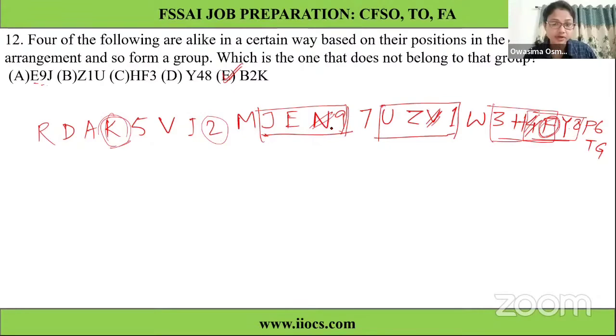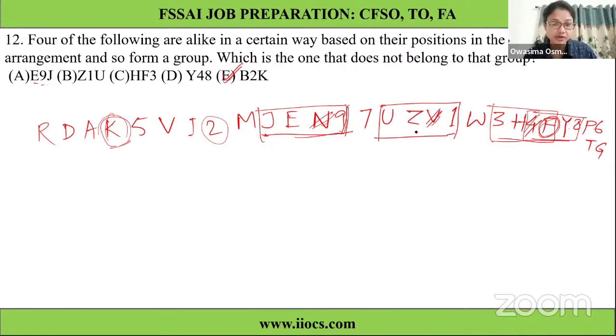Though we can see that in J, E, N, if we eliminate the 9, there is the series J, E9. And if we eliminate V, there is the series UJ1.